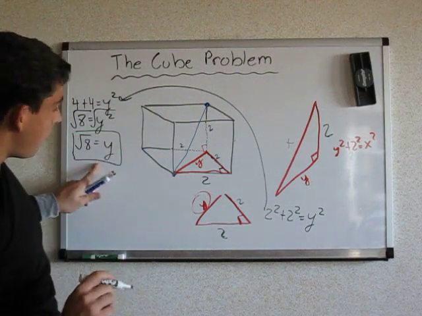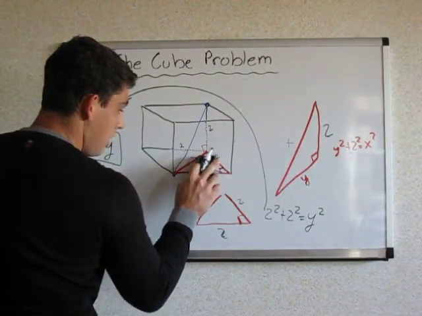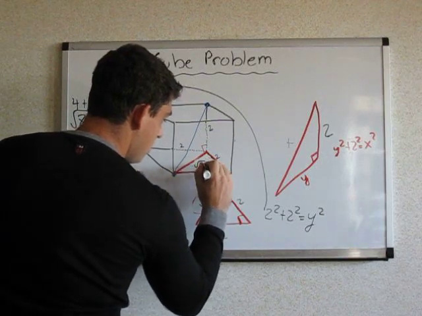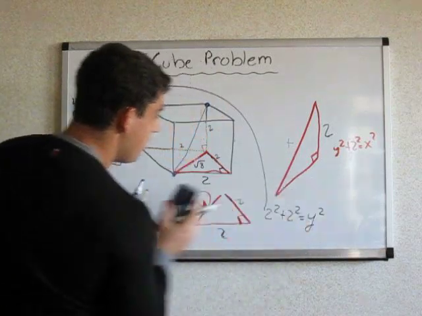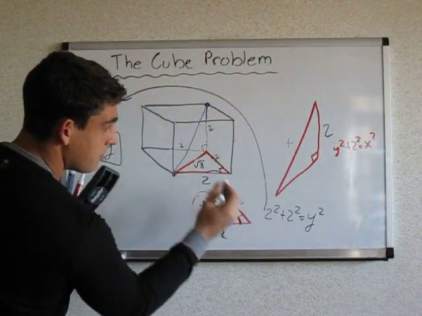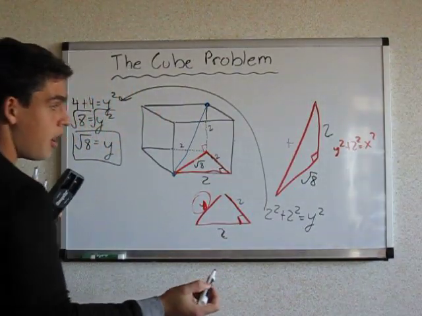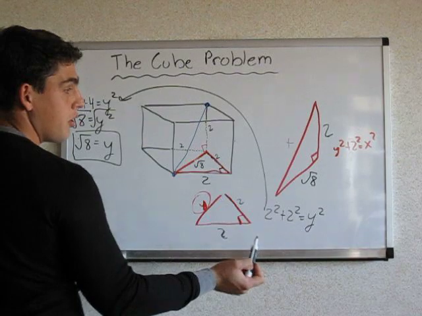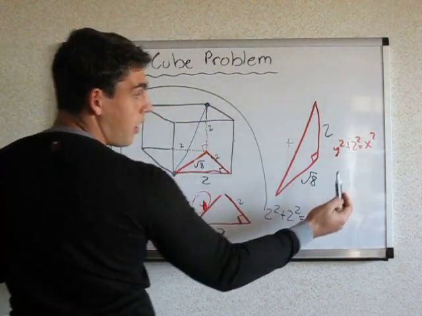So now that we have y, which is the square root of 8, I'm going to erase this y and put in radical 8. Now look, I can erase this y, which is this triangle standing face up. So now we have 2 numbers, 1 variable. We can simply plug it in into our y.